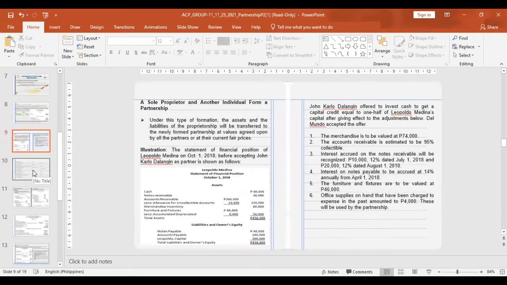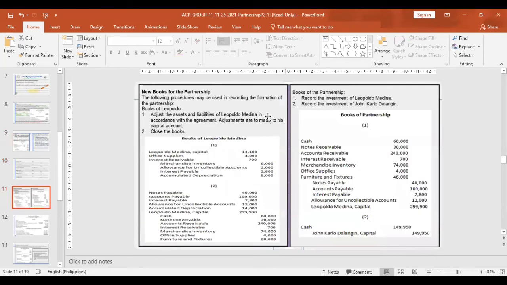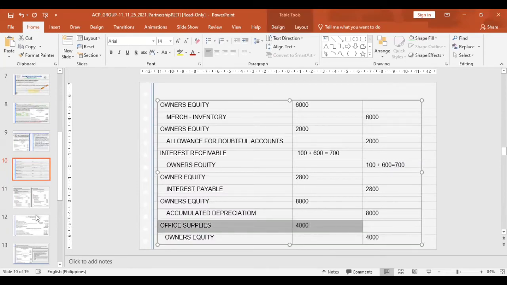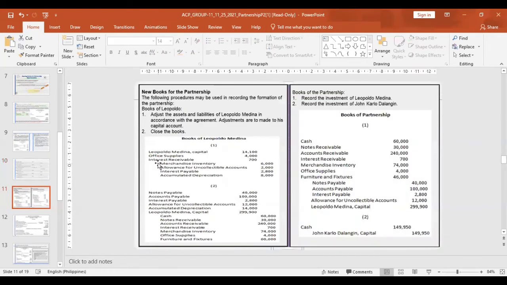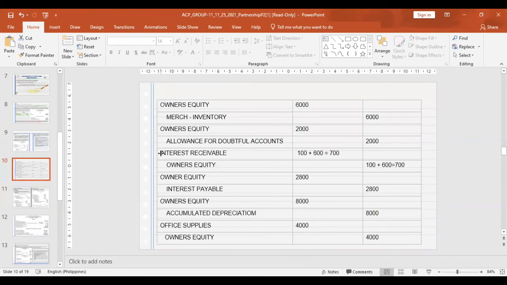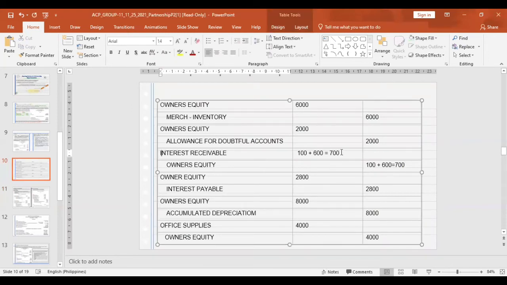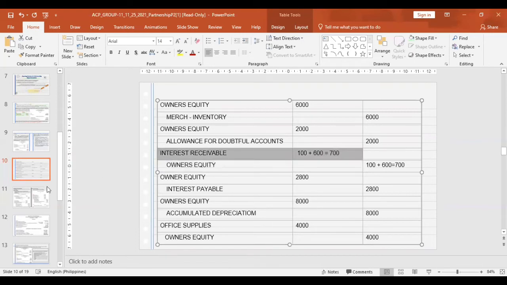So, pero, ganito na siya. Adjust the assets and liabilities to Leopoldo Medina. So, ayun, kung mapansin nyo, may credit siya dyan na 4,000, di ba? May credit tayo na 4,000 na office supplies. And then, mayroong interest receivable dyan na 700. Naka-debit din. Ayan. 700.